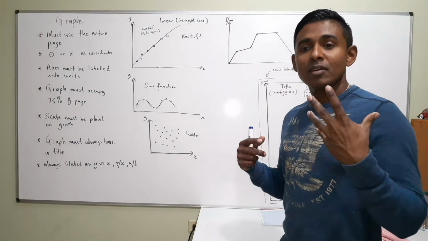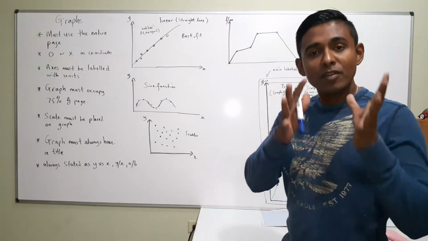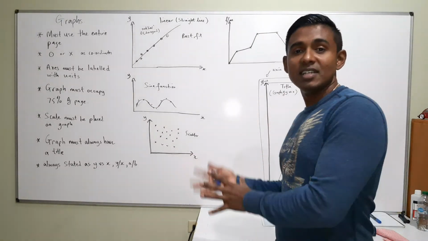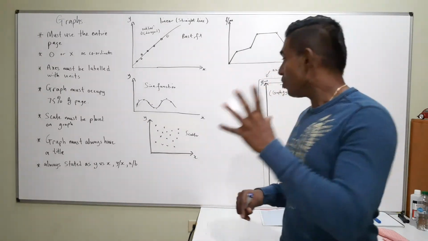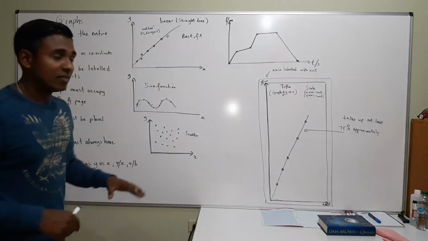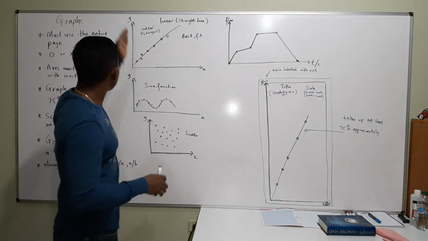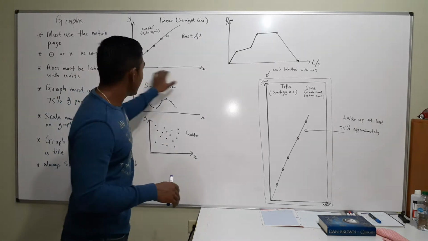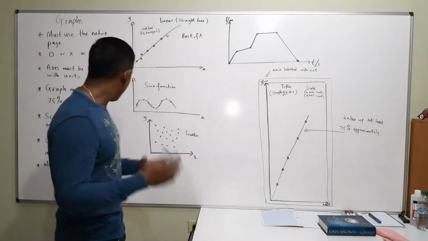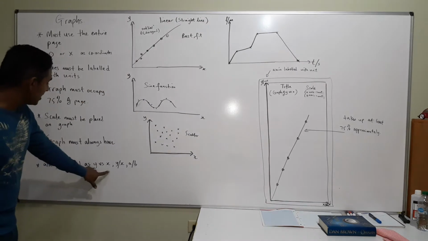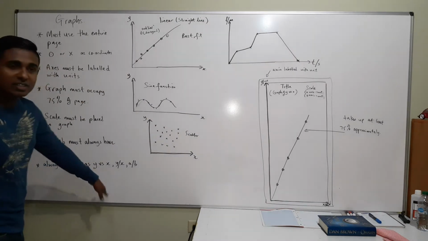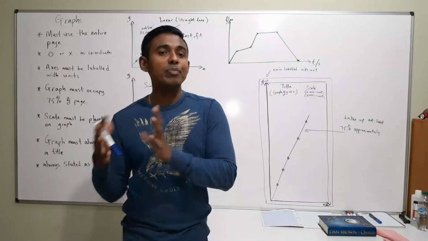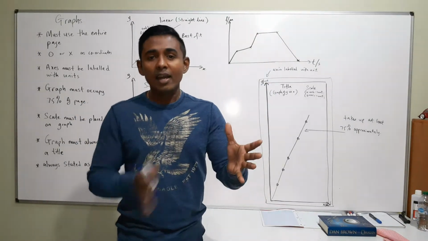If I say number of cases versus day, the number of coronavirus cases will go on the y-axis, whereas the days will go on the x-axis. So it's always in the form y versus x, the vertical versus the horizontal. If I say plot a graph of A versus B, A is on the y and B is on the x.